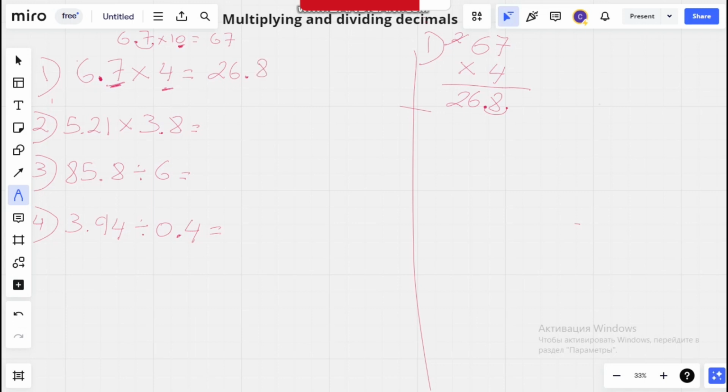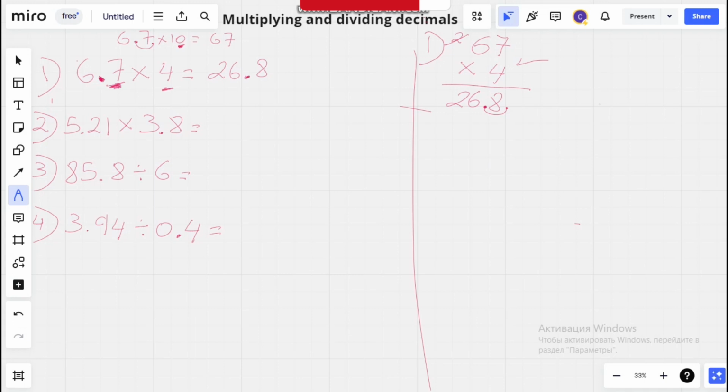So the first step is that you remove the decimal and then you do your multiplication normally, and then when you get the answer you count how many numbers are after your decimal, and that's where you put it in your answer.